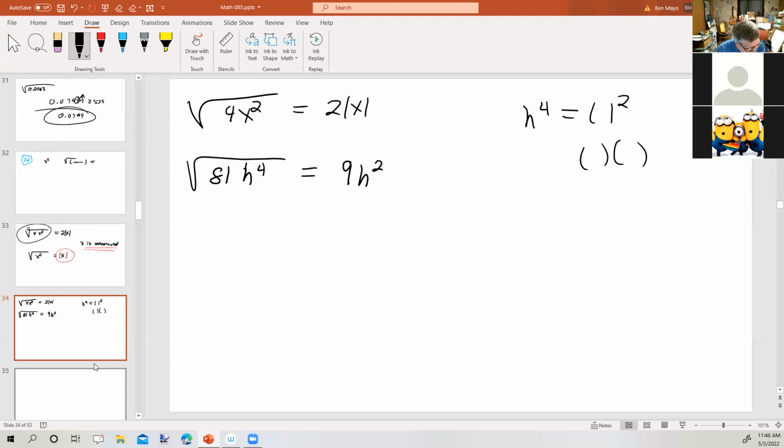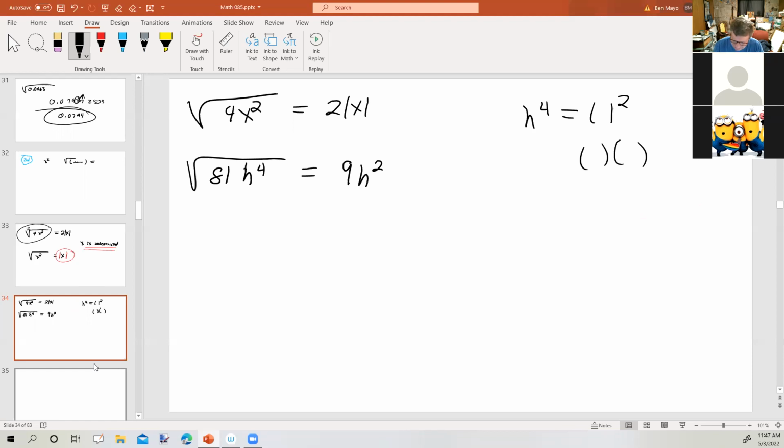Actually, no. Why don't I need absolute value bars around h squared? Consider this. If h is positive, what's a positive number squared? Positive. If h is 0, what's 0 squared? 0. If h is negative, what's a negative squared?